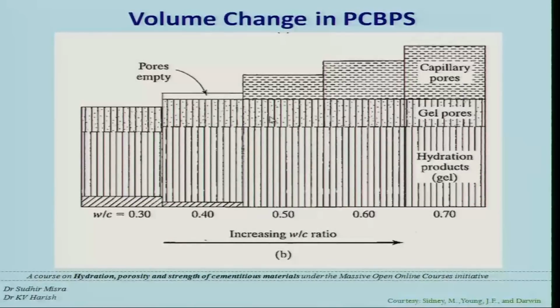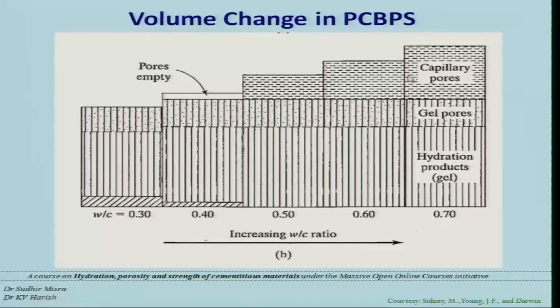Now if you go to the gel pores, what we find is that even by increasing the water cement ratio from 0.3 to about 0.7, the gel pore is not decreasing or increasing, it remains constant, whereas the capillary pore is increasing when you increase the water to cement ratio.